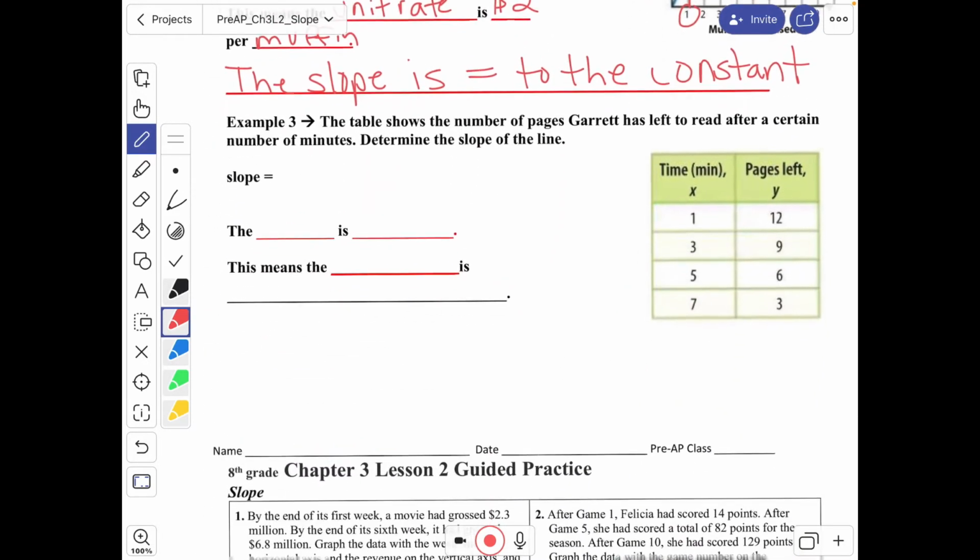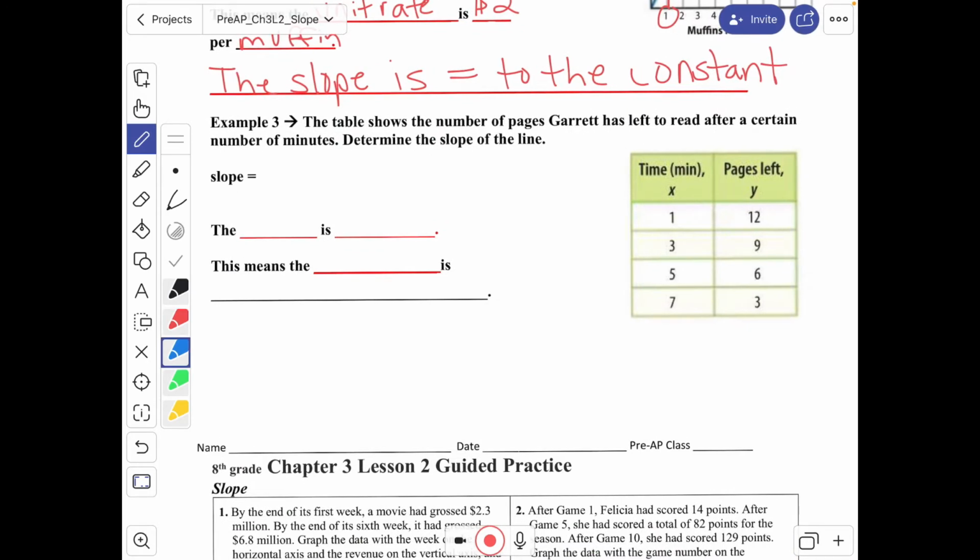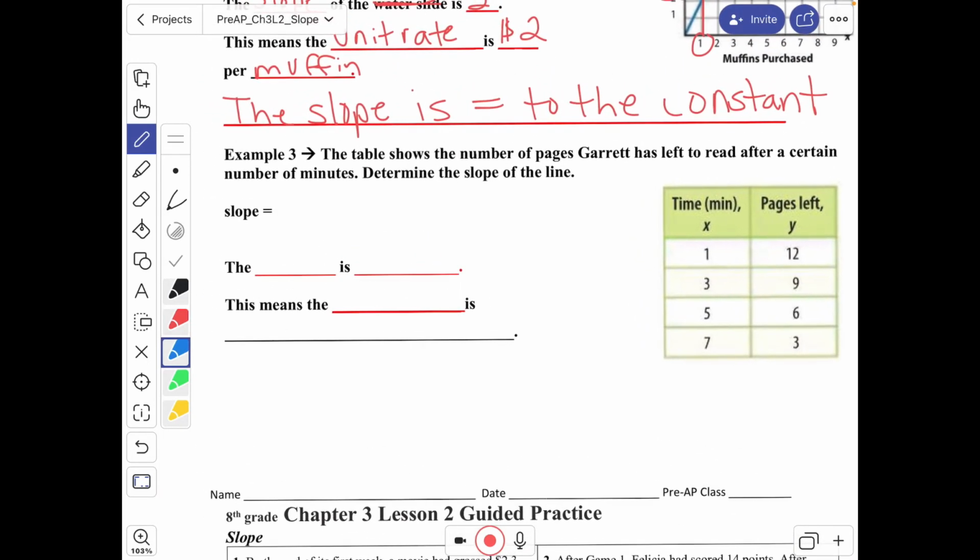Let's try example 3. The table shows the number of pages Garrett has left to read after a certain number of minutes. Determine the slope of the line. So again, slope is rise over run. And they gave us points, so I'm going to find change of y over change of x. So I'm just going to pick 2.